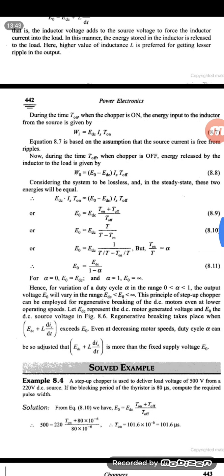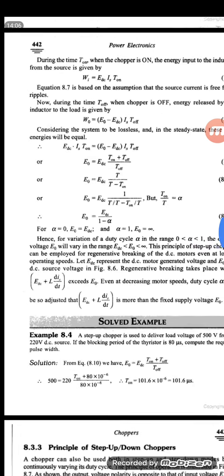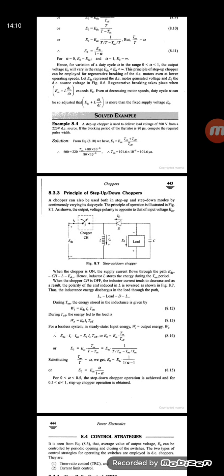Equate the input energy and the output energy, and you will get the output voltage in terms of duty ratio. What is duty ratio? T on by T. When alpha is equal to 0, the output voltage is equal to the input voltage. When alpha is equal to 1, the output voltage is equal to infinity. So this is the step up chopper, or boost converter, boost chopper.